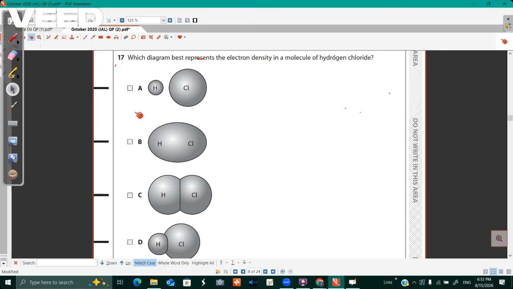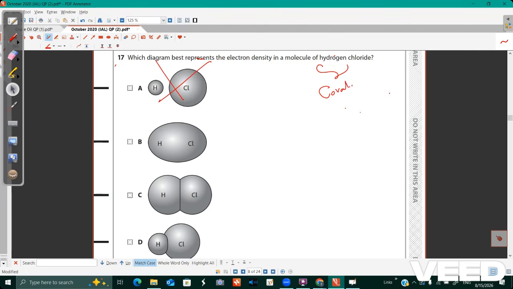Which diagram best represents the electron density in a molecule of hydrogen chloride? Now remember, hydrogen and chlorine can't be spherical. What type of bonding is between hydrogen and chlorine? Covalent. This is ionic, so it can't be.